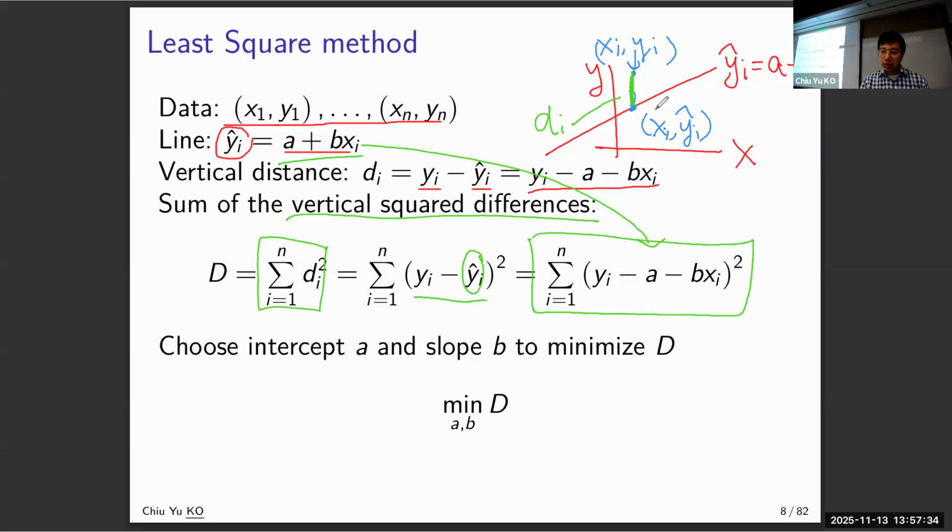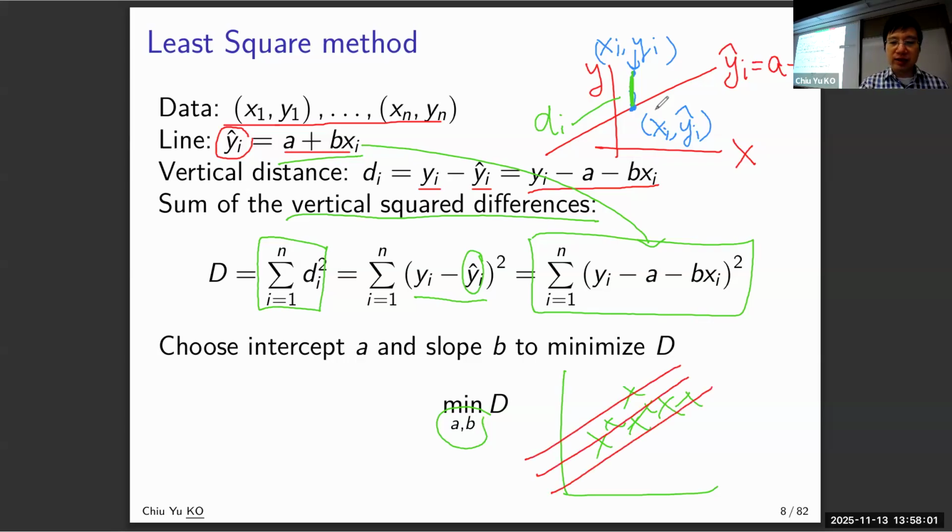So the idea is you just choose A and B to minimize this D. Changing A means you move up and down in parallel. You have many parallel lines: if you increase A, you go up in parallel, and if you decrease A, you go down in parallel.